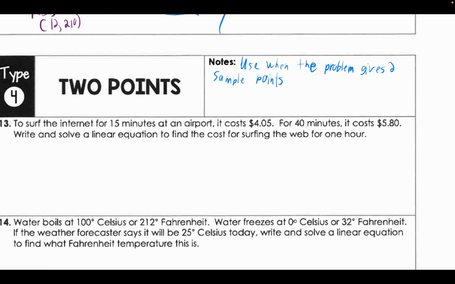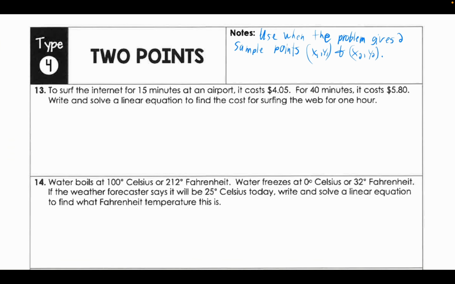It's 2 sample points, which would be x1, comma y1, as well as x2, comma y2. And this would be solved the same way you do when you have 2 points in general, which is where you find the slope between the 2 points, and you then use one of the points and the slope to plug it into point slope form and convert that to slope intercept form.